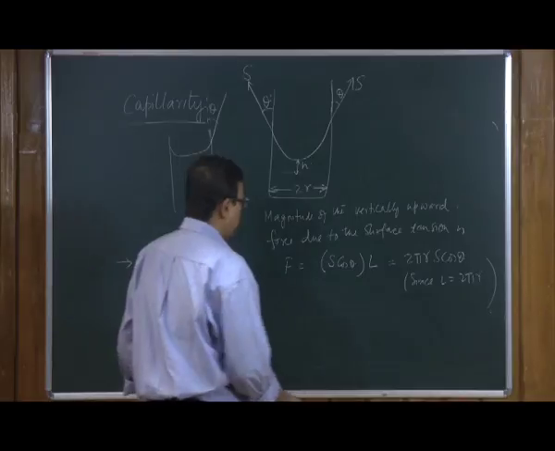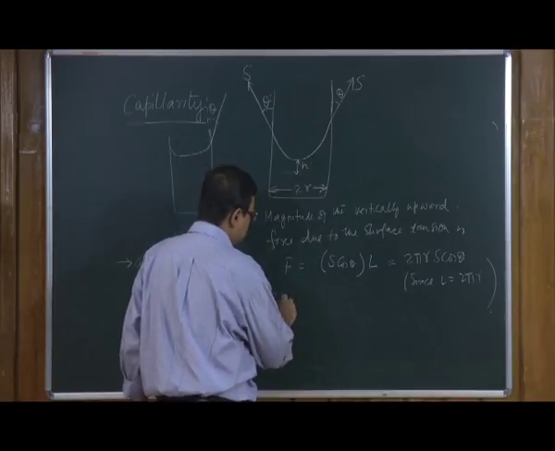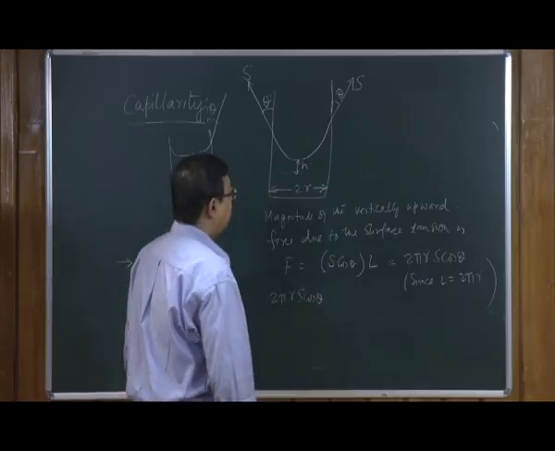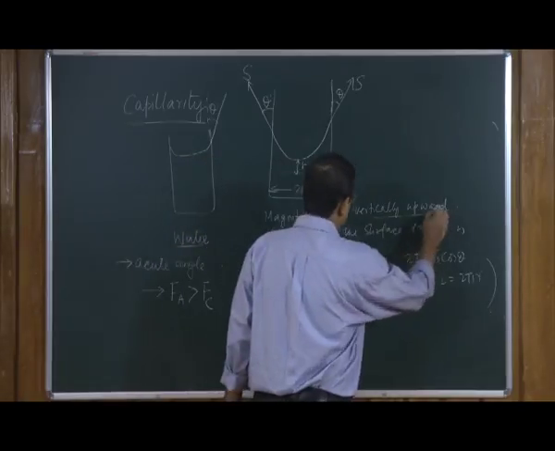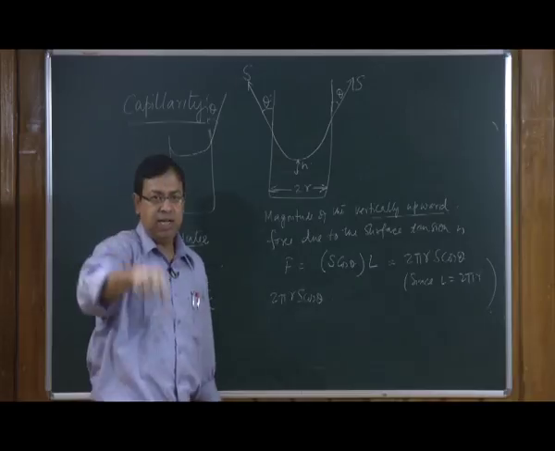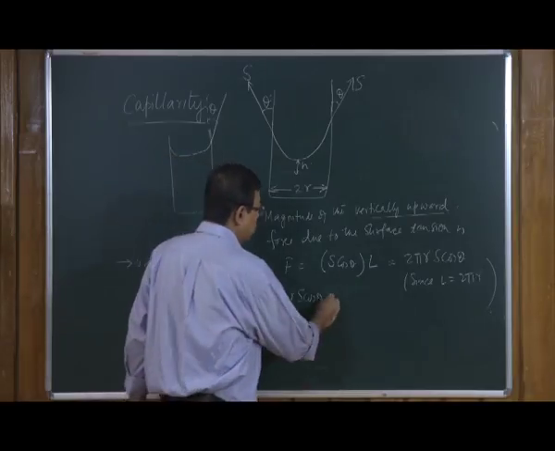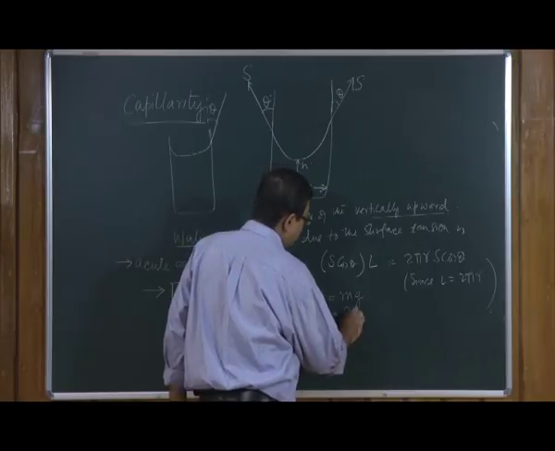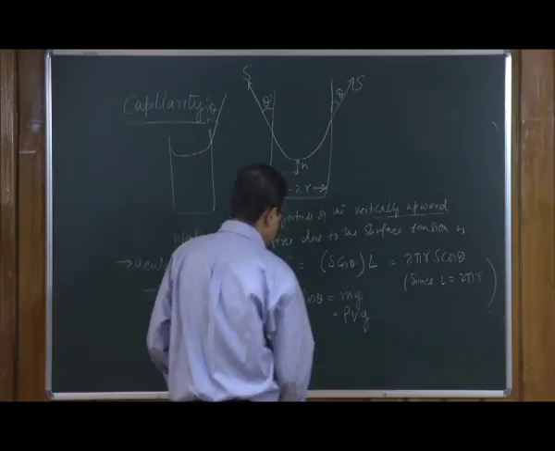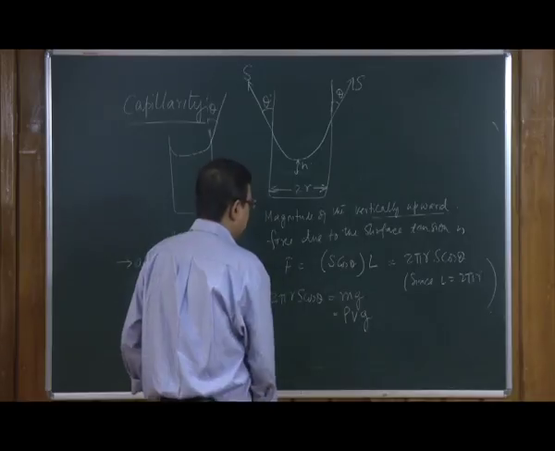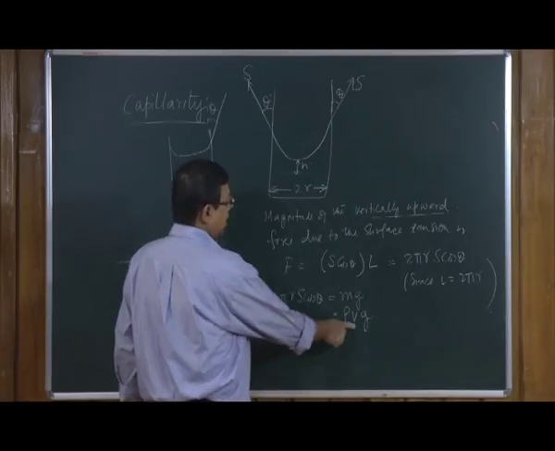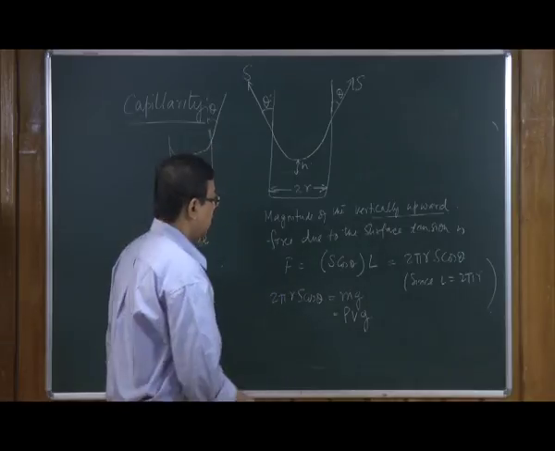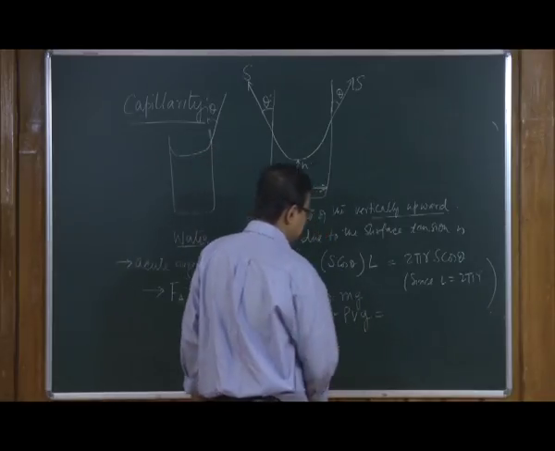This 2 pi r s cos theta, which is the vertically upward force, will balance the vertically downward force due to gravity, which is equal to mg, which is equal to rho v into g. Let us consider the volume of a cylindrical column of the liquid of density rho.